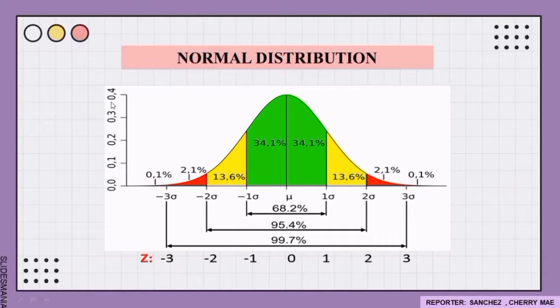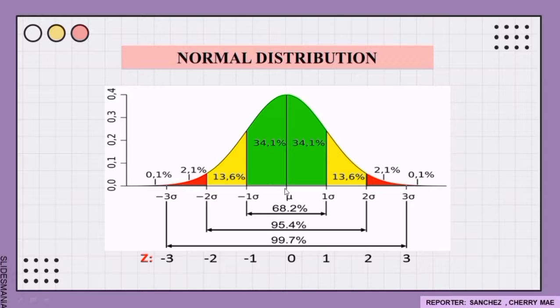In order to construct this data, the areas inside the normal distribution curve: if we take 68.2% and divide it by 2, we get 34.1% as the area between the mean and the first standard deviation.